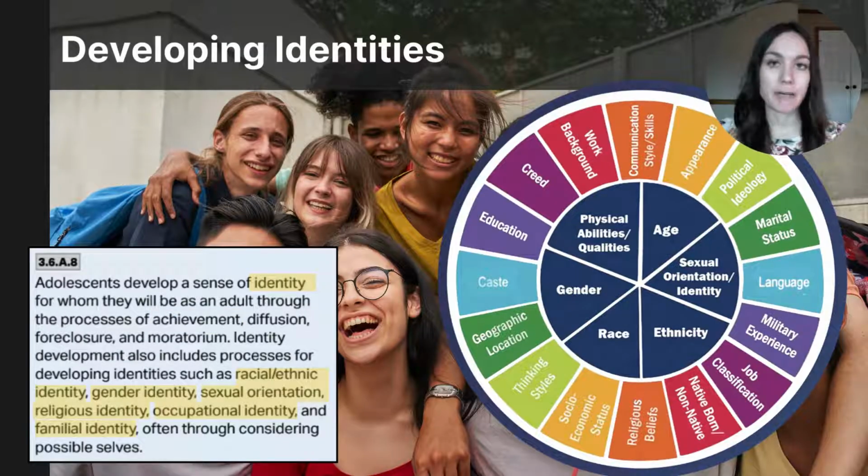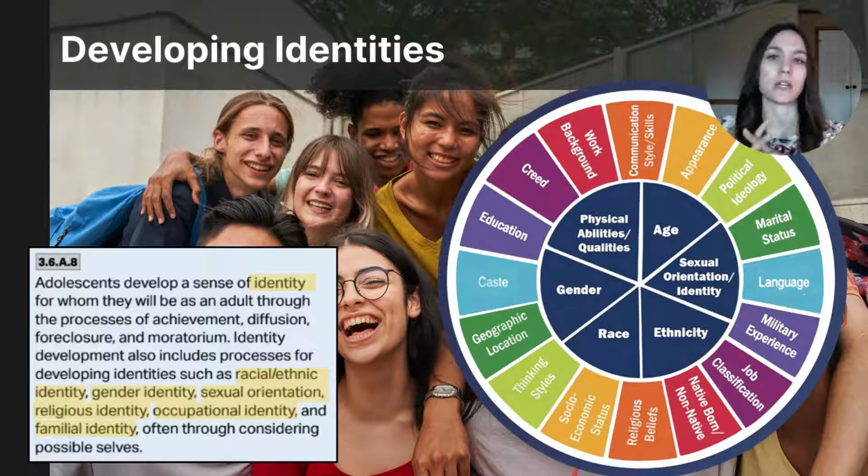There are many different aspects of identity, and we are typically beginning the process of asking, who am I, in the adolescent years. Although these things can evolve and become more or less important in our lives as we age. As adolescents are trying to understand their roles and their beliefs and their behavior, they're going to be questioning their place in society.